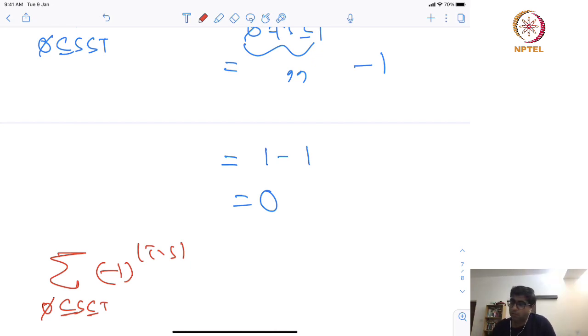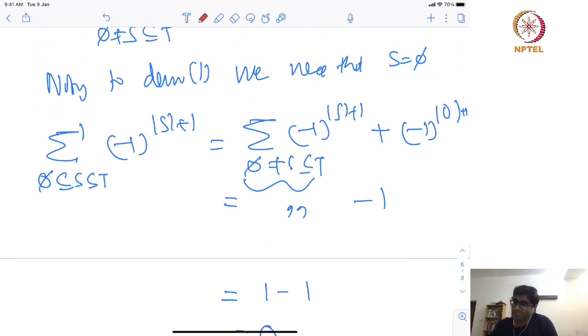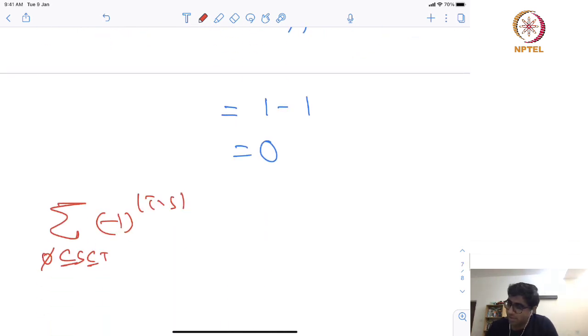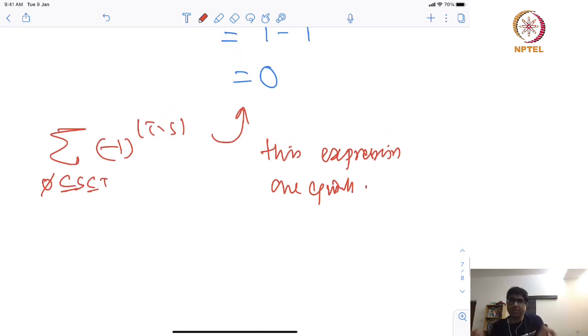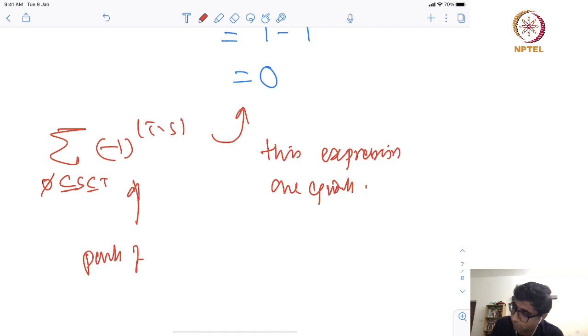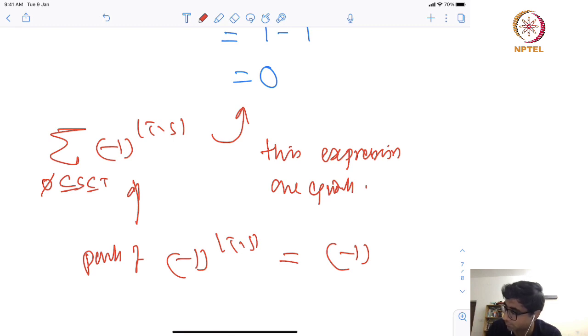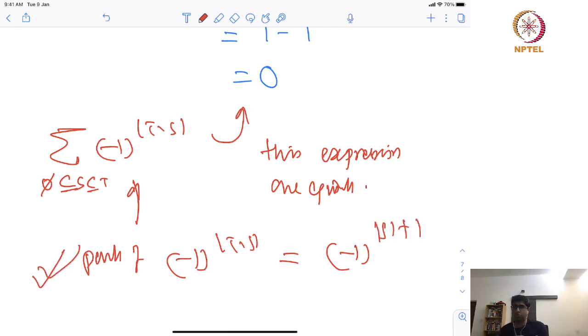And now, I show you that this and this expression are equivalent. Prove it. You can show that the parity will not change. The parity of |T|-|S| is the same as that of |S|, so for each S, this is exactly the same. So, once you have done this, okay.